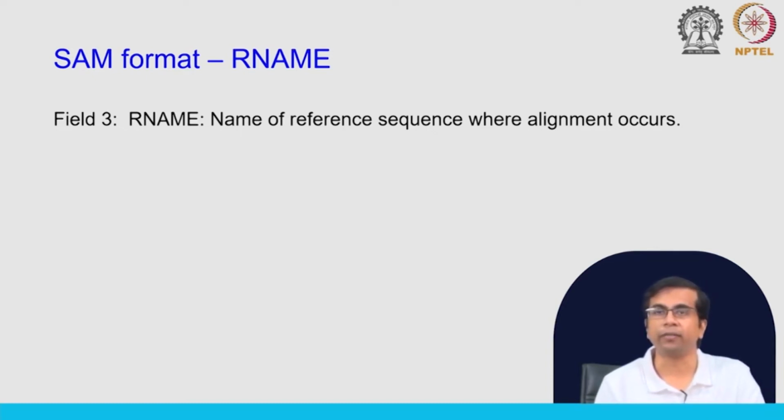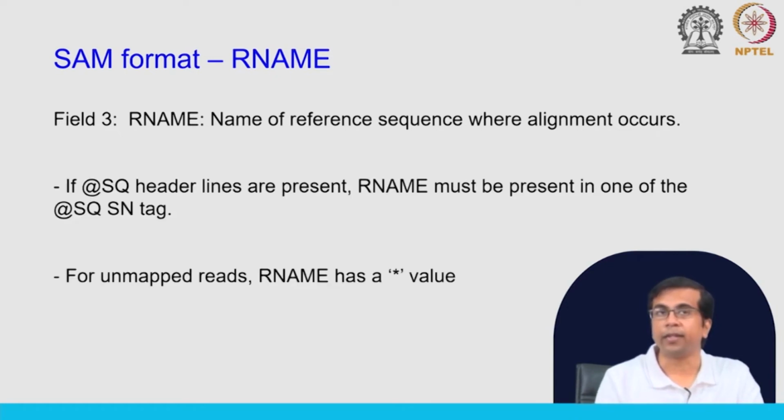Reference sequence means, depending on the data, if it is stored as chromosomal data, it will give you the chromosome name. In the FASTA format file that we used in the mapping process, we have the chromosome name or chromosome number or chromosome ID, some sort of ID. So, here in R name it will just give that chromosome ID, and then you will also have a field that will give you the position. If you have the @SQ header line, we have removed that now, but you have seen that the R name will be one of the values.